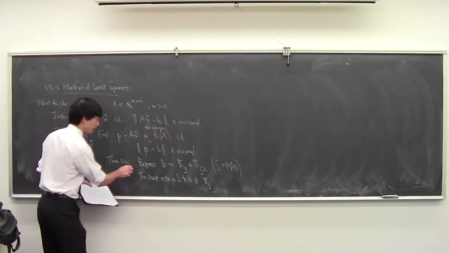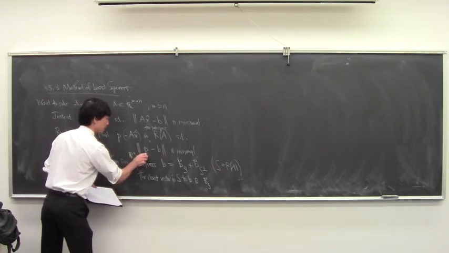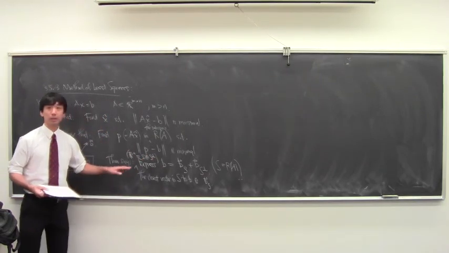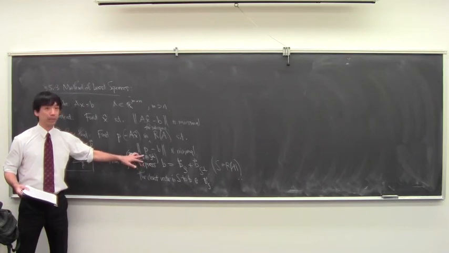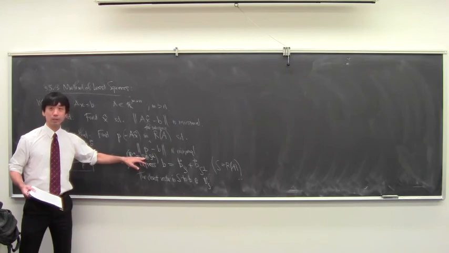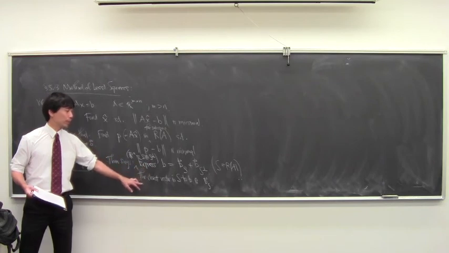And the reason we can do this is because R^n can be expressed as S direct sum S perp. This is the key fact: we can decompose our space into the subspace and the orthogonal complement of the subspace.